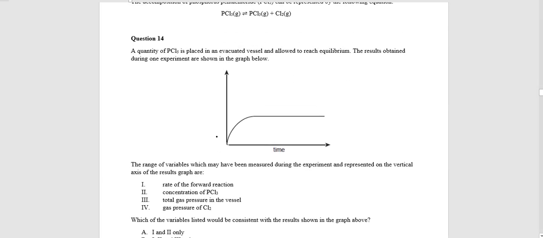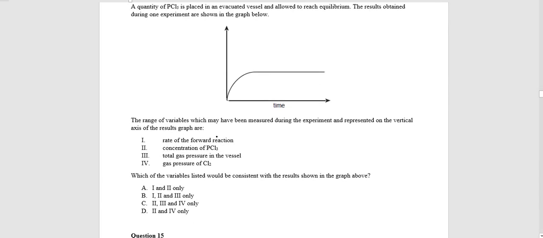First of all, rate of the forward reaction. Now, the rate of the forward reaction is not going to increase over time. The rate of the forward reaction should decrease over time. And in this graph the rate is increasing over time, so you cannot measure the rate and get this graph.